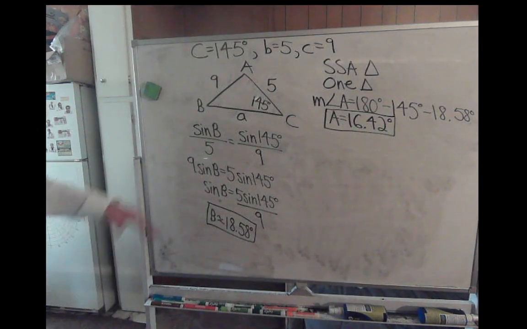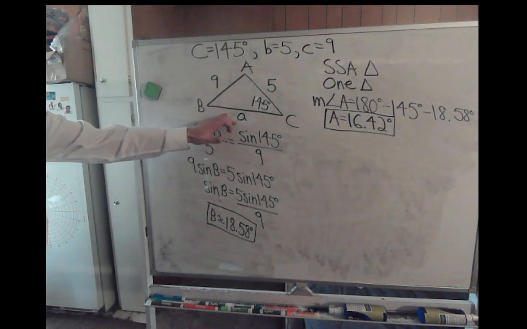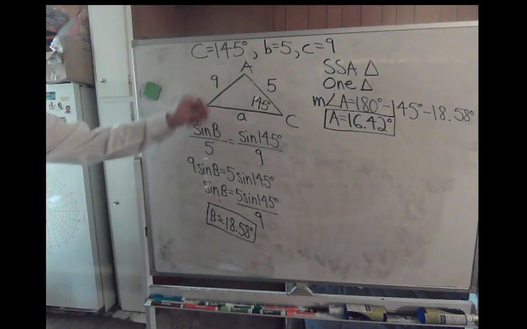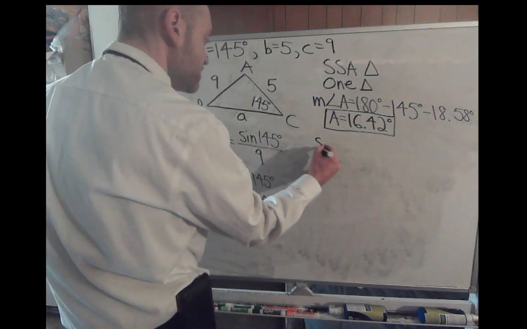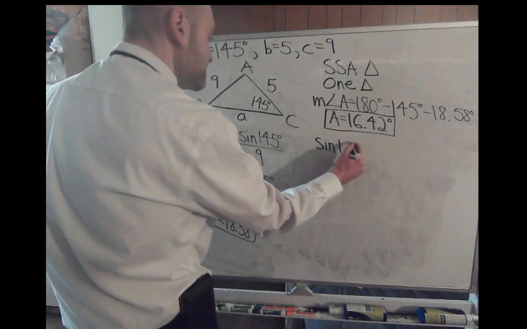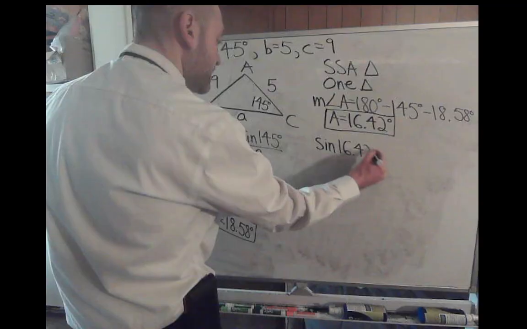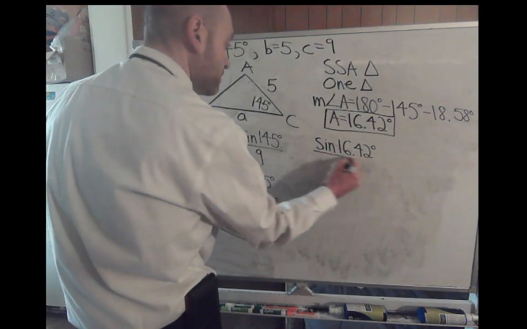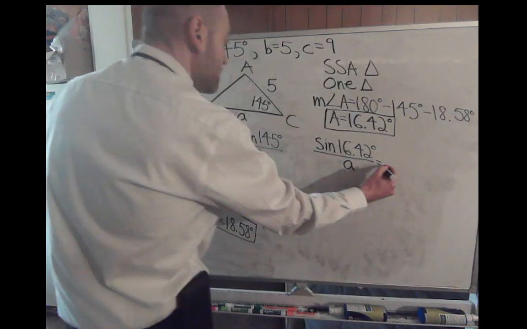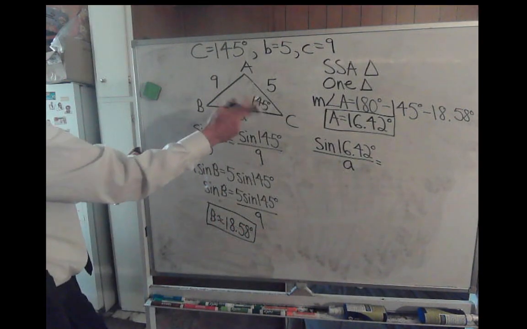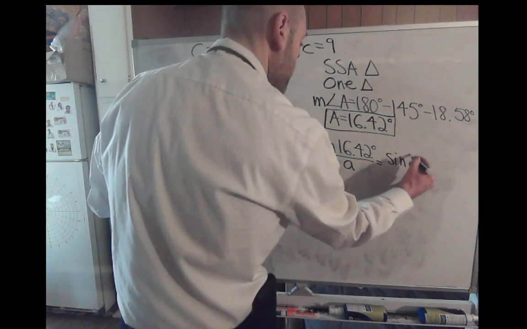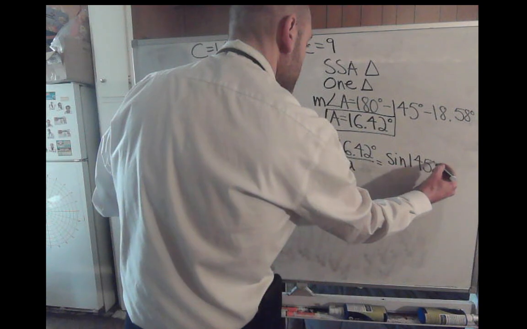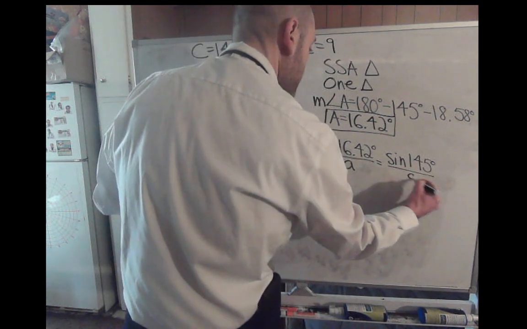Alright, all we have left is side A. Now we know angle A, but we don't know side A, so let's put that in our sine ratio. The sine of 16.42 degrees all over A. Now we know both angle C and side C, so we can say that equals the sine of 145 degrees all over 9.